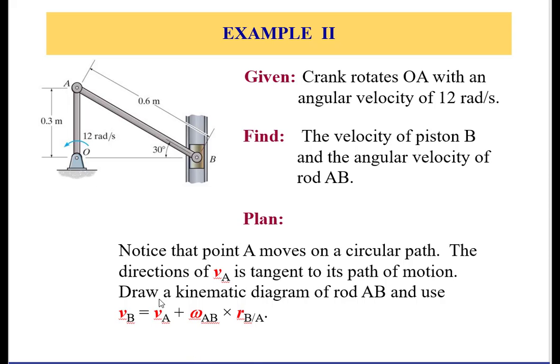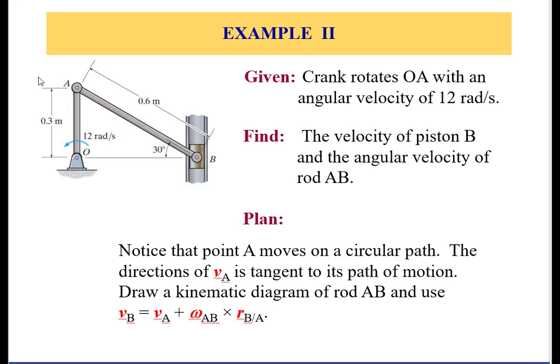Now, another angle to analyze this problem is that we know velocity A. Velocity A is in fact rotating about a circular path because it's connected to link AO. Therefore, the velocity of A at that instant is tangent.